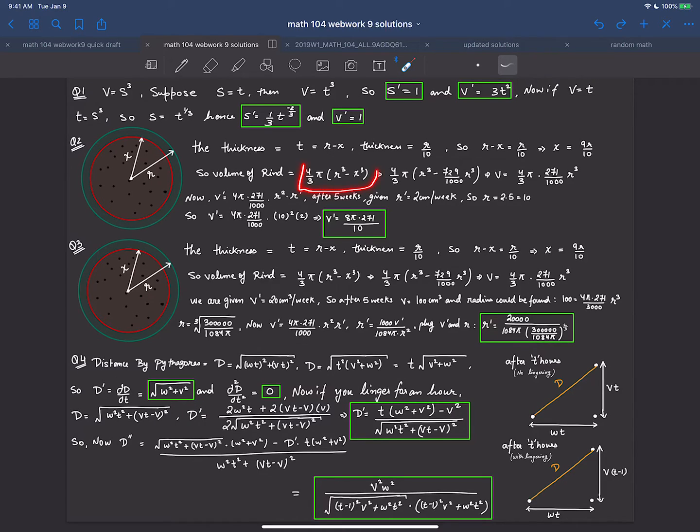When you factor out 4/3 pi, that should be the volume of the rind equation in front of you. Now, in our analysis, what we want to focus on is how fast the volume is changing given the change in the radius. This expression for volume has two unknowns, r and x. What we want to make sure is that we substitute the relationship in only the variables of interest.